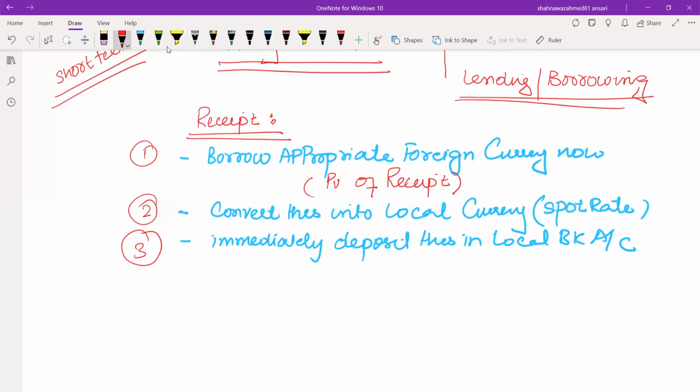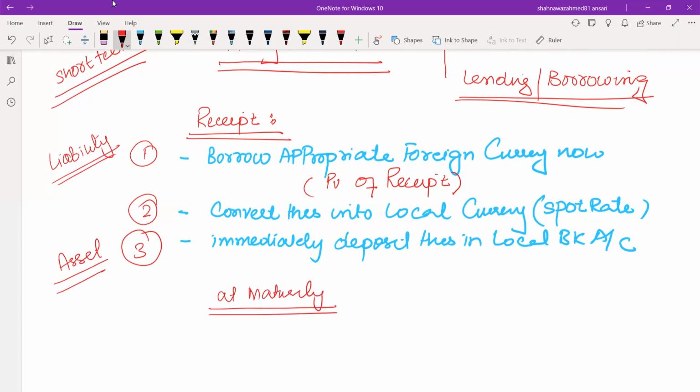Now, as a result of this, we have a liability. Here we have a liability, we have to pay. Here we have a deposit, that is an asset. At maturity, what do we have to do? We'll collect the receipt from the customer in USD, suppose 500,000 USD.